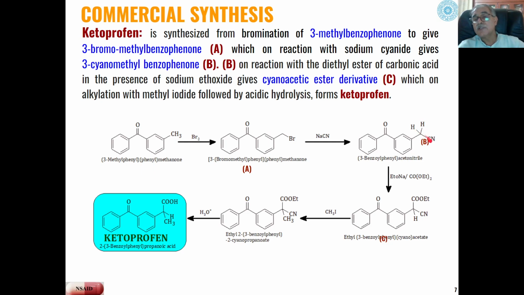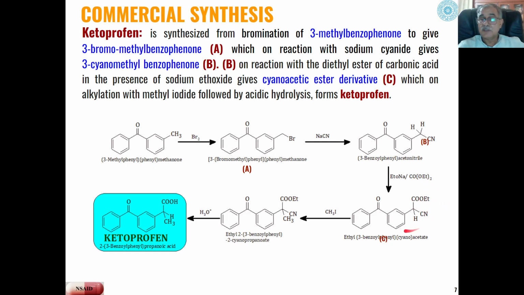These protons are acidic because of the electron withdrawing nature of this nitrile group as well as the aromatic ring. So this carbanion will then attack this carbon of the diethyl carbonate, and the corresponding ester will be formed.